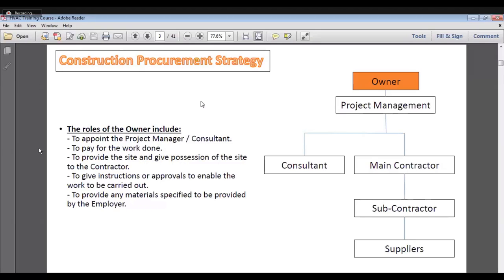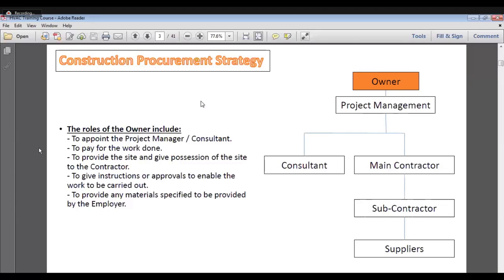Since you are a great contractor, you know that any project has an owner. Under the owner there is a team of project managers. The project managers manage the consultants and the main contractor. And the main contractor has to deal with many subcontractors, many suppliers, many technical office engineers. You know this very well, right?